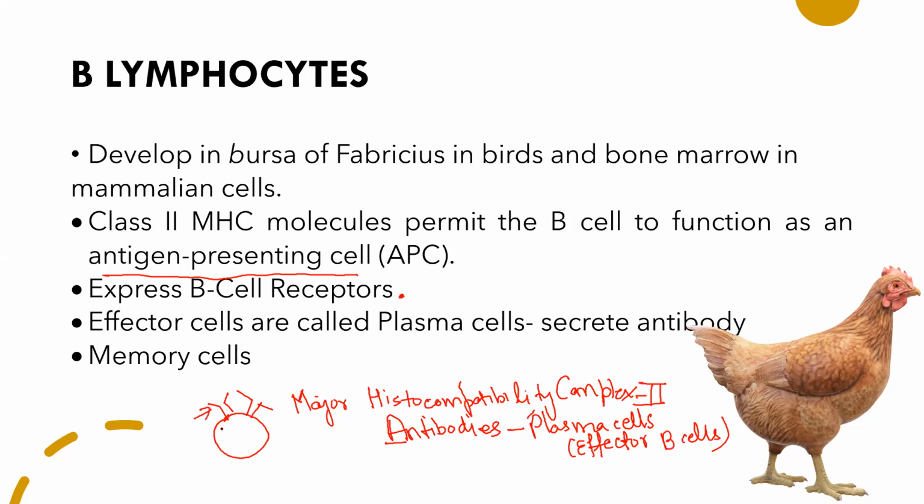So if this is my B cell, its surface will always have a B cell receptor. These receptors will help the antigens to be recognized by the B cells. So if there are antigenic particles, they need to interact with the B cell receptors, and then they can enter the B cell and get presented with the help of the MHC molecule.